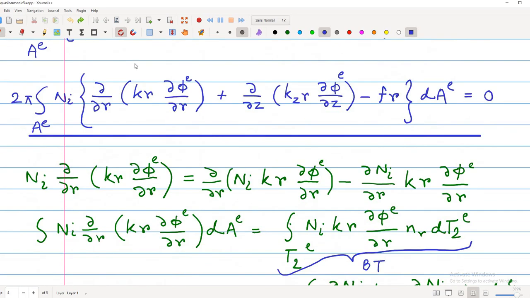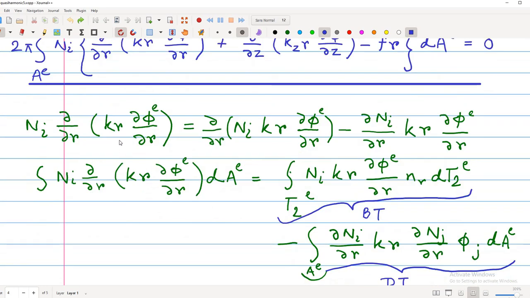Now as you know, this term when integrated over the area gives one domain term and one boundary term, and the boundary term is on gamma 2 e. So this term is this, and this goes over the boundary. So when integrated over dA, this gives you this boundary term and this domain term.